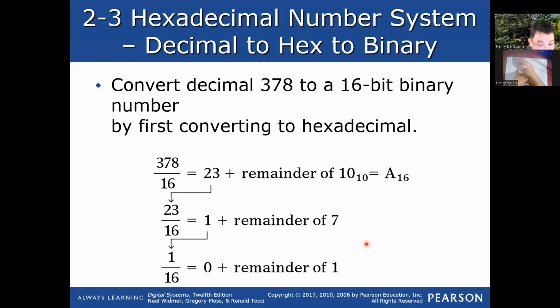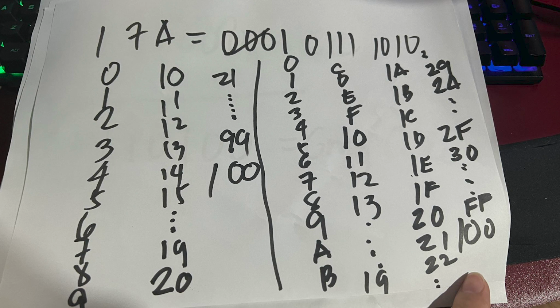So to binary, sorry. So that is 178. It becomes 0001, that's 1. 7 is 0111, because it should be 4 bits. Then A is 1010. So this is its binary. Even without these three 0s.